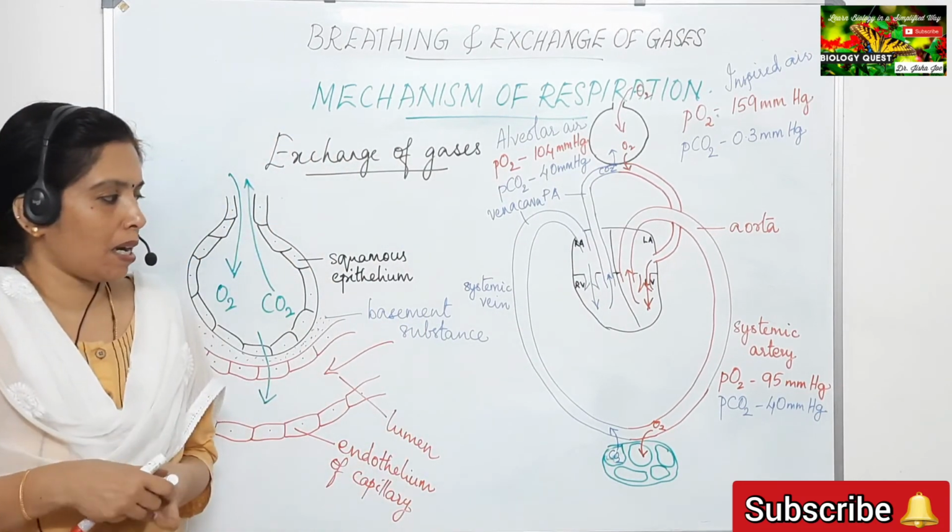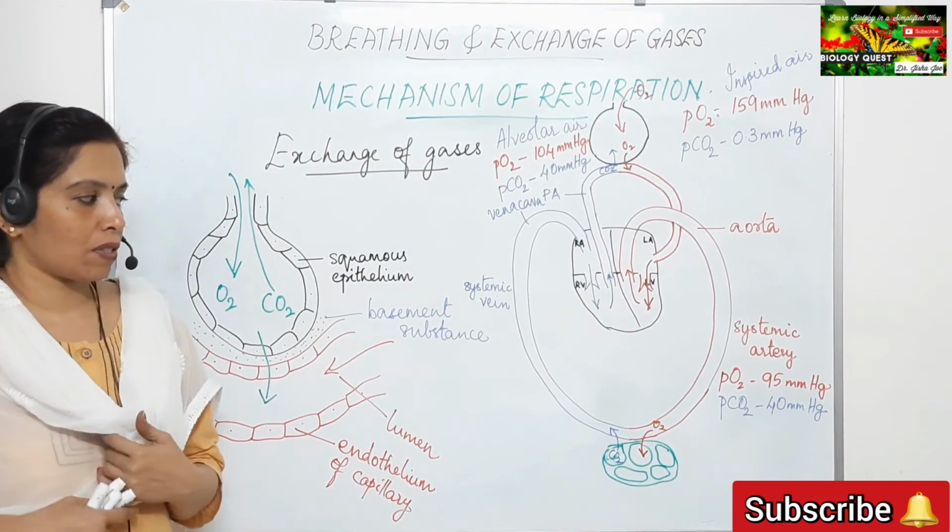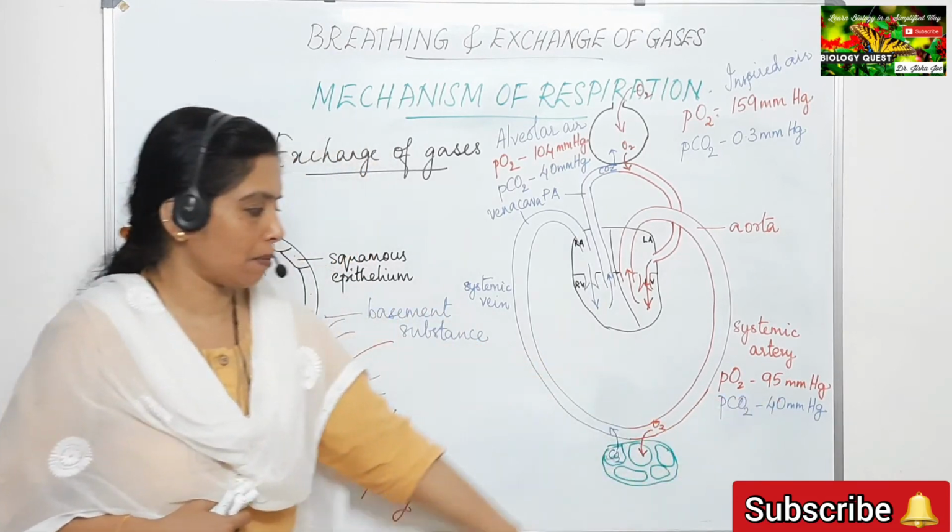In the systemic artery, the partial pressure of oxygen is still greater.